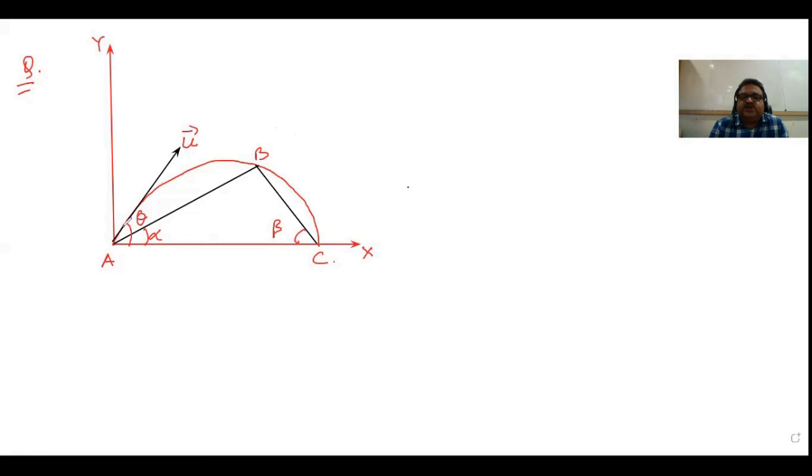Suppose a projectile is projected making some angle theta with the horizontal, and there is an inclined plane, and the projectile is projected from one side of the base of the incline. It touches the top of the incline, grazing the vertex, and reaches the point C.